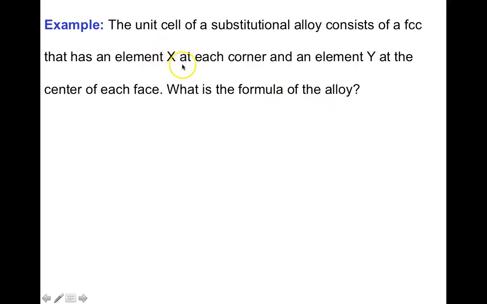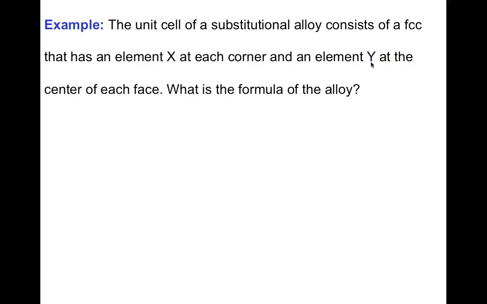We know that for every corner atom, we get 1/8 of an atom, and there are 8 corners on a cube. The atoms in the center of each face contribute 1/2 of an atom to the unit cell, and there are 6 faces on a cube.